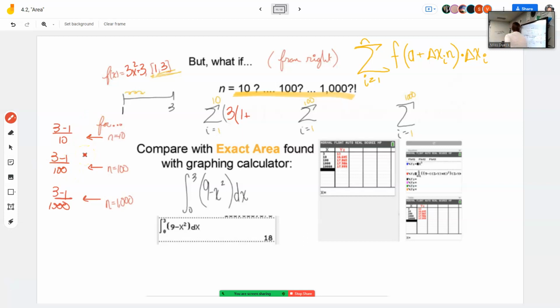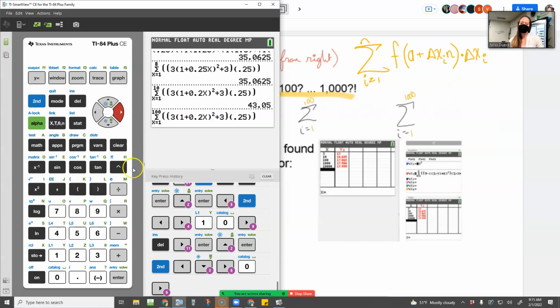So this one would be going by 0.2s. This one would be going by 0.02s. Maybe somebody could guess this would be 0.002s. My rectangles are tiny.